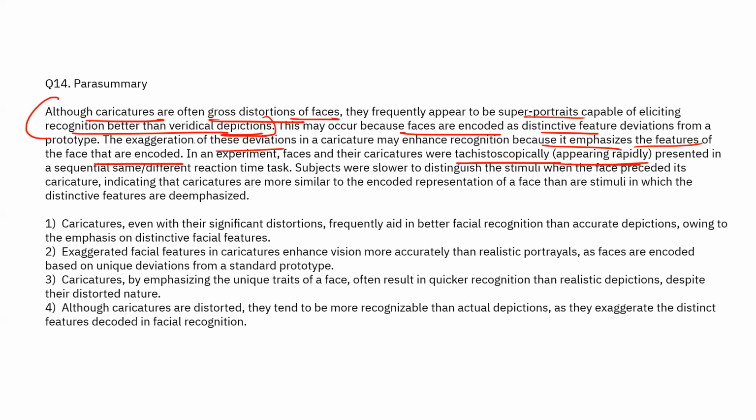So their caricatures were tachistoscopically presented in a sequential, same different reaction time task.